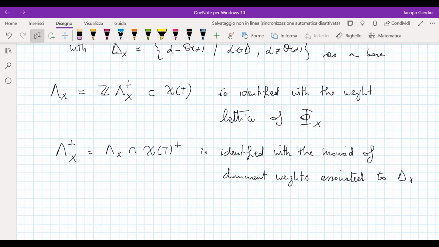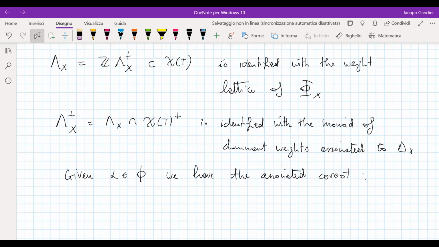Okay, and actually we can also define the co-roots. Given a root phi, I am constructing the root datum associated to this symmetric space. This is just taking the scalar product of the ambient space.